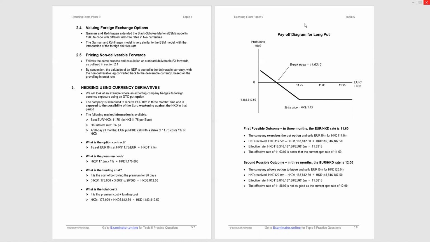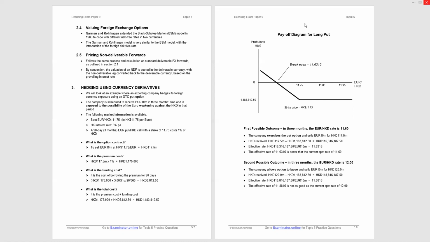So the total cost is the premium plus the funding cost, which, as you see at the bottom, page 5.7, comes to $1,183,812.50. And there's the payoff diagram for the long put situation, top of page 5.8.